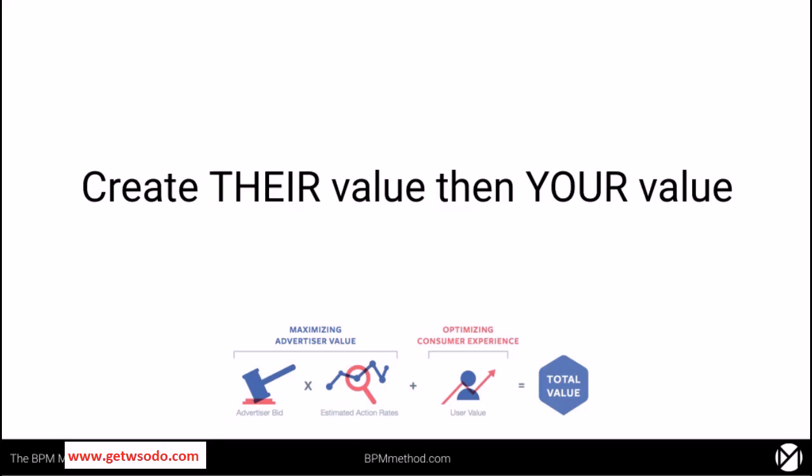And ultimately, what really came out of the BPM method is that creating the user's value first is how you create your value. So that comes down to really understanding your messaging, your offer, your avatar, your creatives, your copy, into your landing page, converting them well, using persuasion techniques, etc. Because when you've got all of that right, you end up with lower costs, you get better quality customers that spend more.